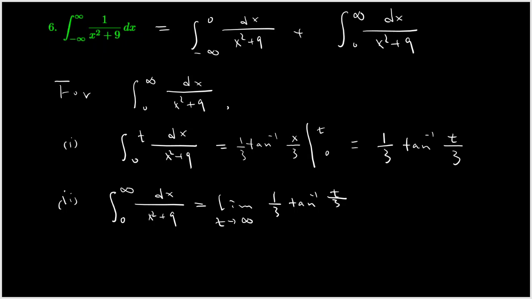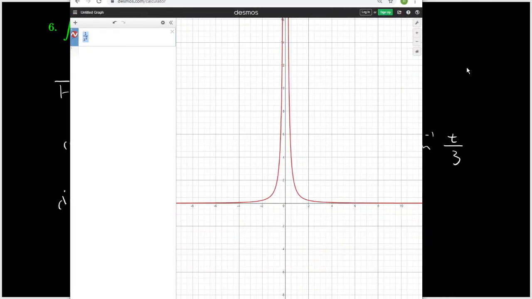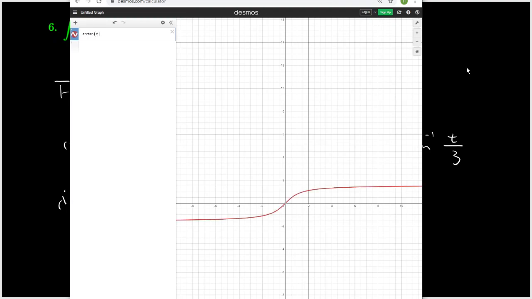Anybody can see the limit? To see this limit, you need to get the graph of inverse tan of t over 3, or just the inverse tan. I will show you the graph. Probably the decimals cannot show the graph very well.